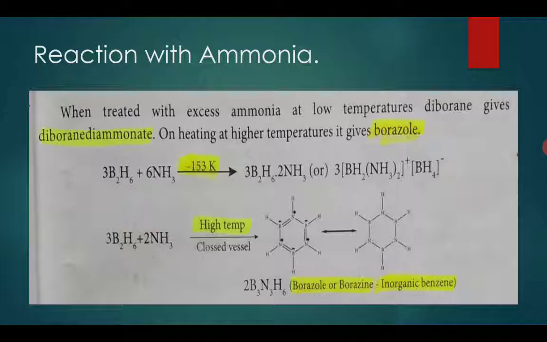See the structure, it has a similar structure to a benzene ring, that is a 6-sided figure. In all the cases, one nitrogen and one boron are alternately attached, and each one is attached to a hydrogen atom. So you have a hexagonal shape just like benzene. That is why this borazole is known as inorganic benzene.